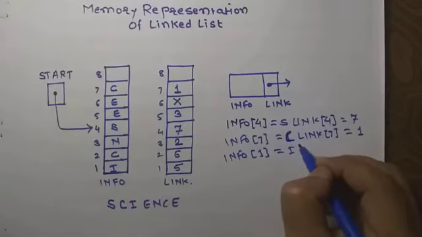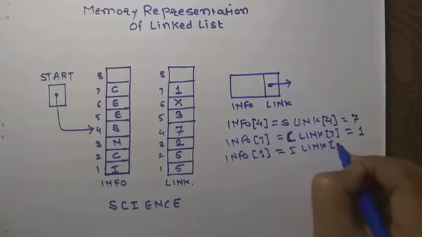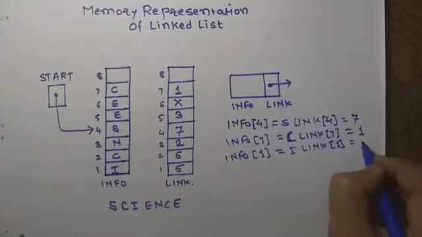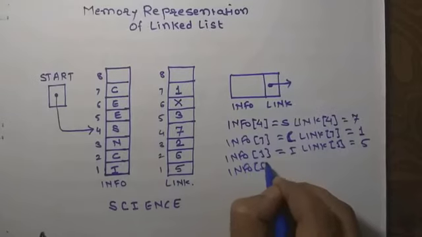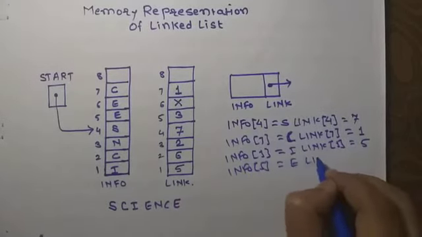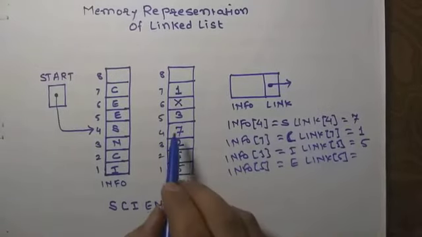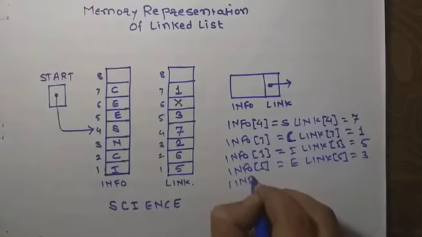Similarly, link of 1 is 5. Info of 5 is E. Similarly, link of 5 is equal to 3.